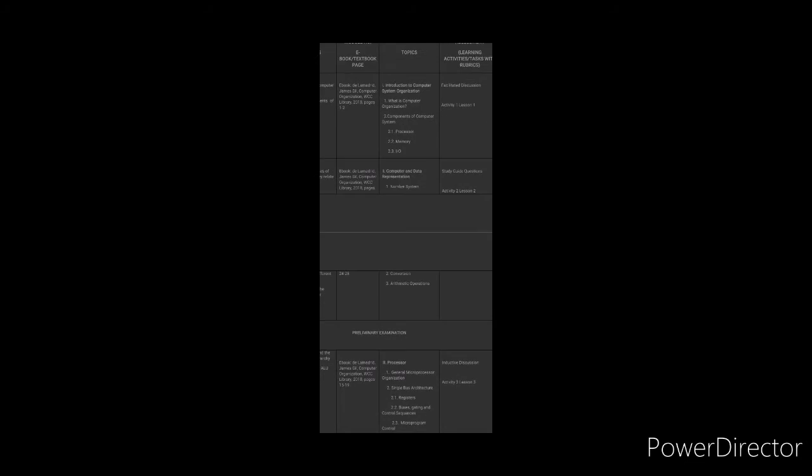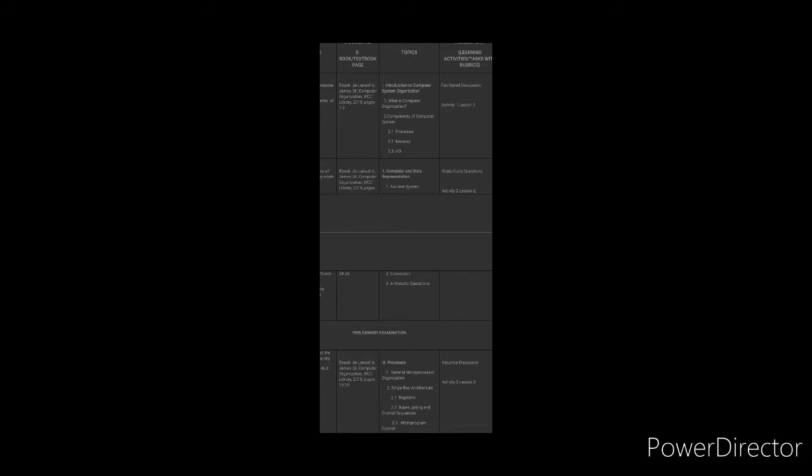On that, the topic that we will discuss is the second lesson, which is computer and data representation. It includes number system, conversion, and arithmetic operations. So in the first and second week, we have activity 1 for the first lesson and activity 2 for the second lesson for our week 3 to 5.